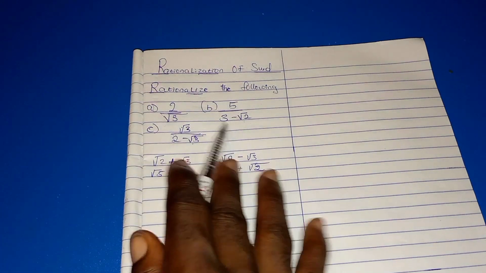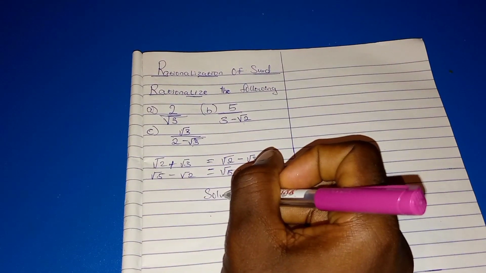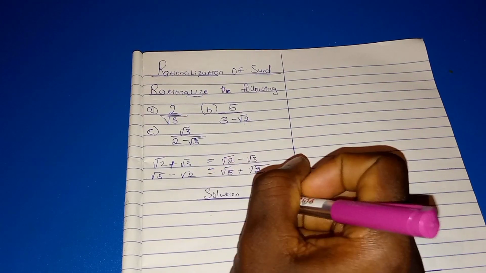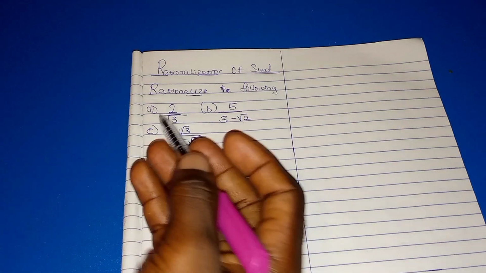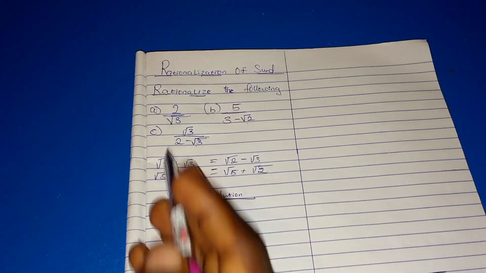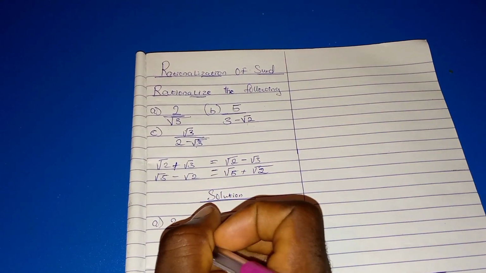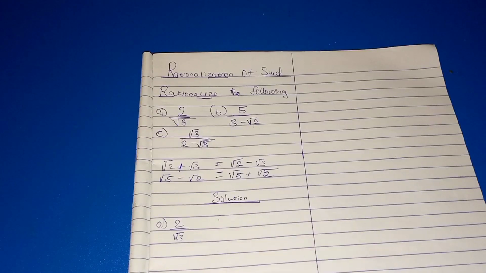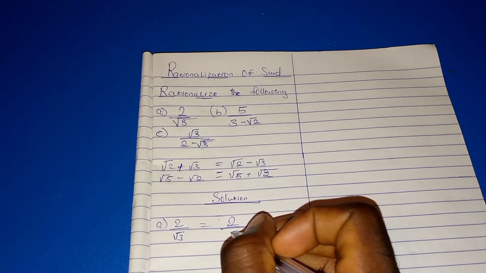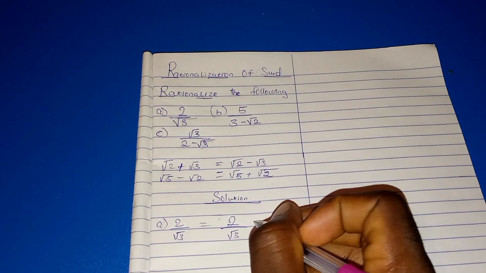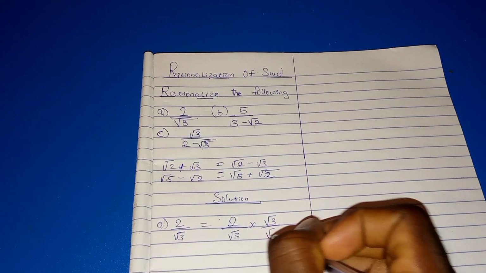Let's move further to the solutions of these problems, then we would understand more. We have our first problem here, which is 2 over root 3. This would be done by multiplying 2 over root 3 by root 3 over root 3.